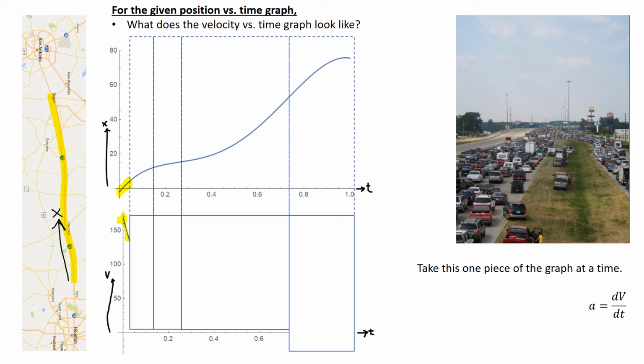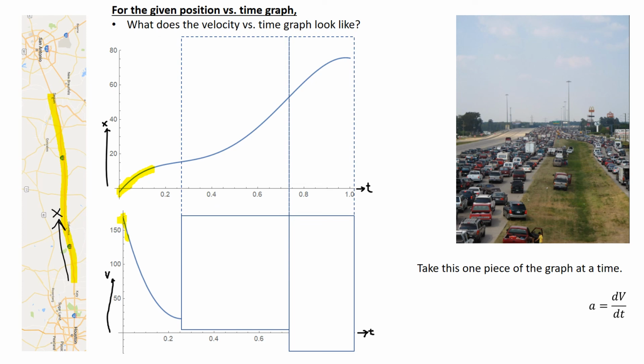Can you picture what the next section looks like before it's revealed? The slope continues to get smaller and smaller. It's still positive, it's still increasing, but the slope is getting smaller. We're slowing down. How about the next step?